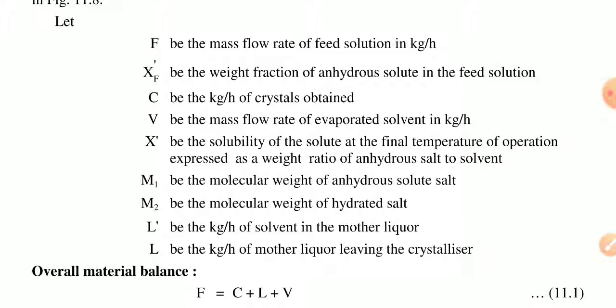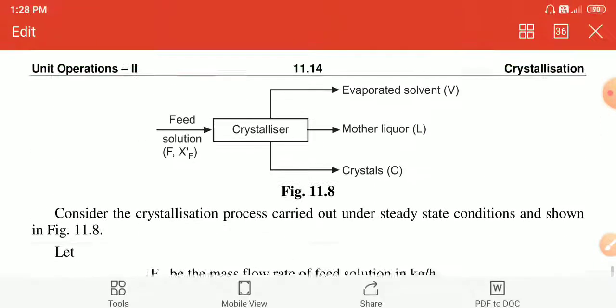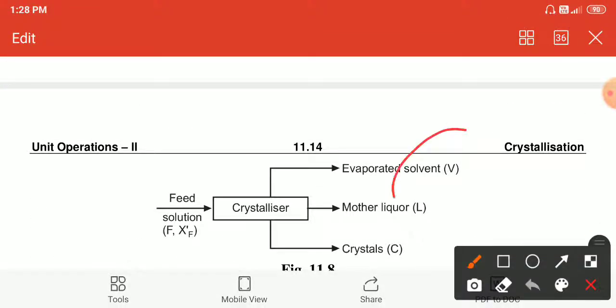C is the kg per hour of crystals obtained, and V is the mass flow rate of evaporated solvent in kg per hour.